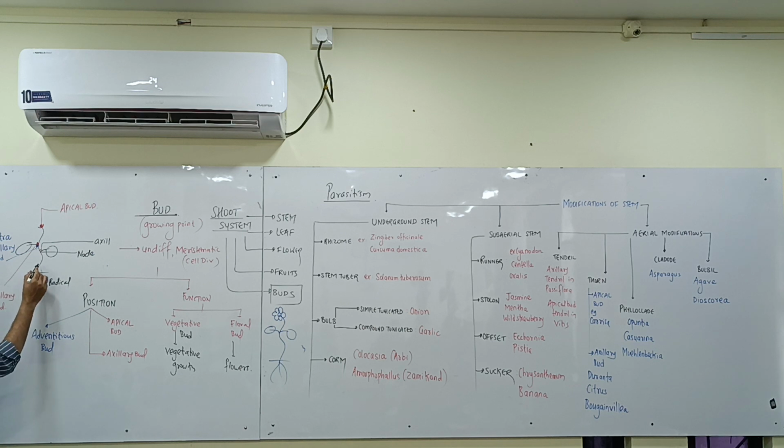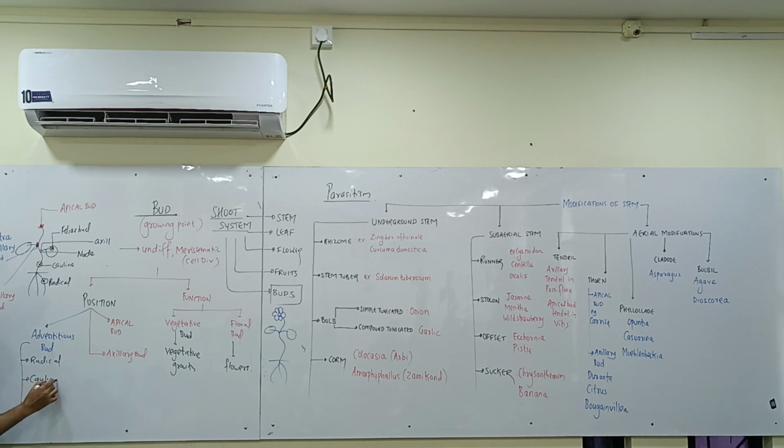If it is there on the stem, once again it is adventitious, called as colline bud. And if it is there on the leaf, it is called as a foliar bud. So adventitious buds can be radical.